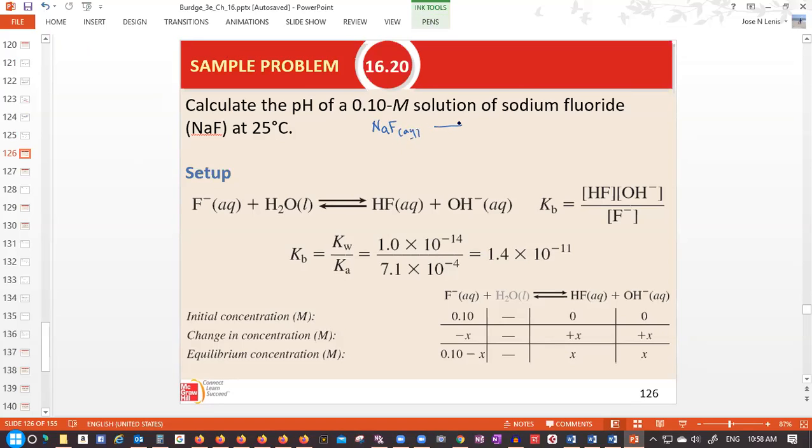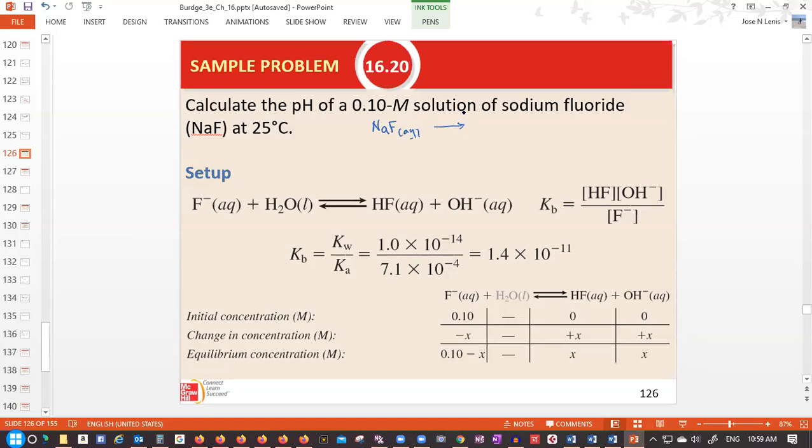And what's going to happen once you put the salt in water? Is it going to ionize or is it going to dissociate? What is the proper word to describe the process? Let's analyze the first one. Is it going to ionize?